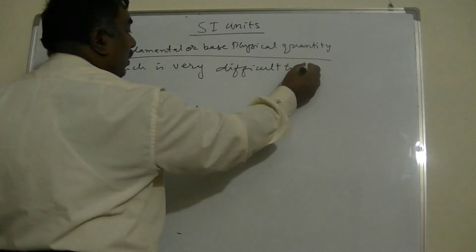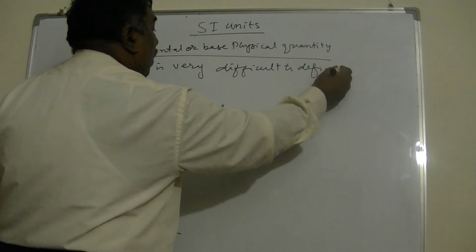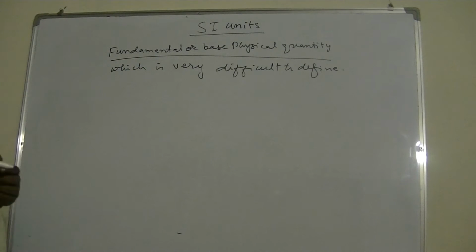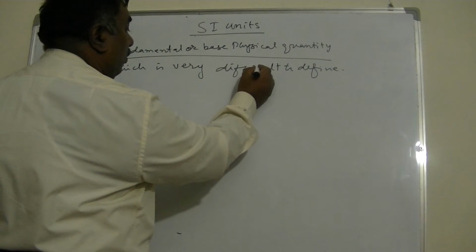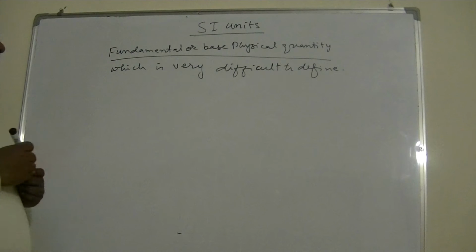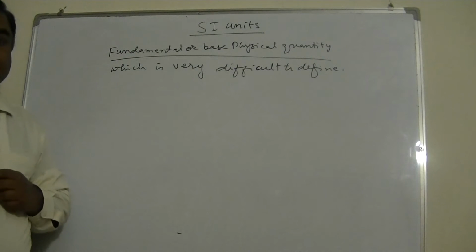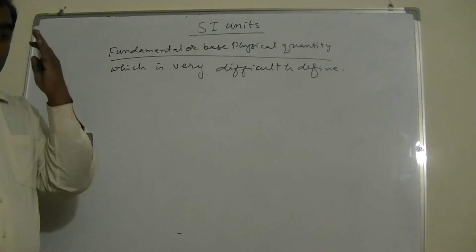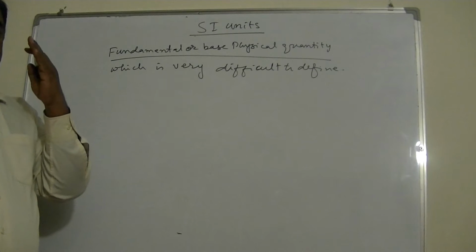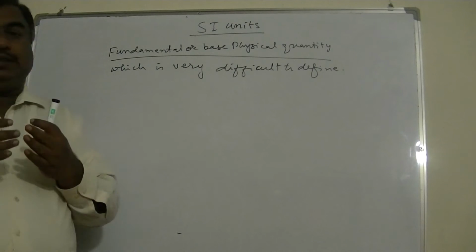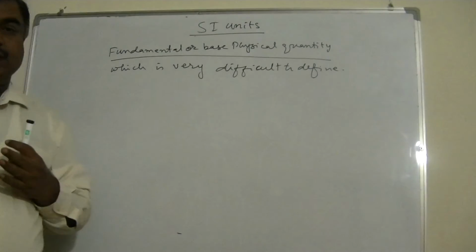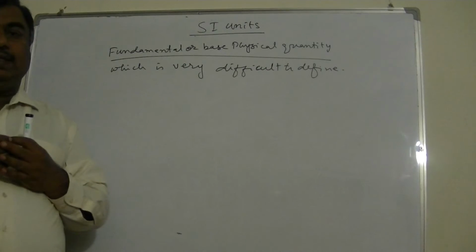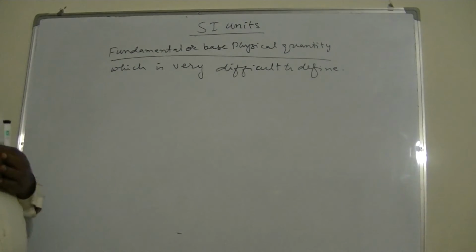Okay, you have a concept, but it's very difficult to define. For example, time. You cannot define time. You have a concept, but you cannot make some other person understand what time is. But you can understand yourself what time is. So time is a base or fundamental quantity.